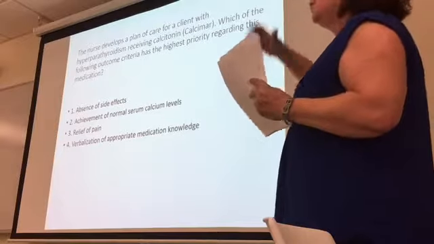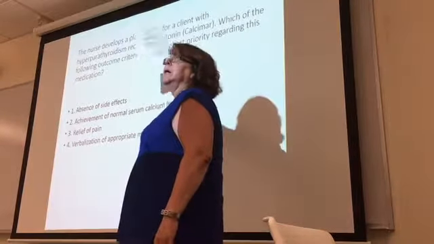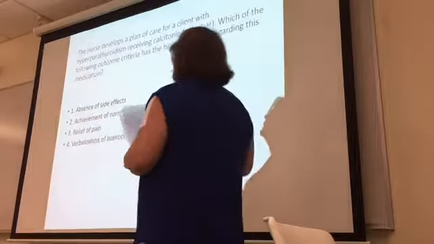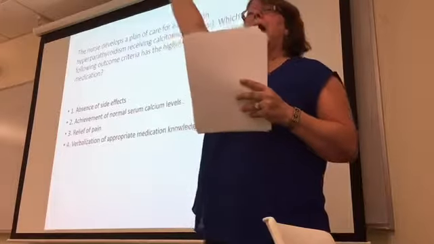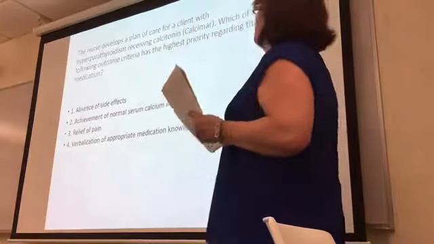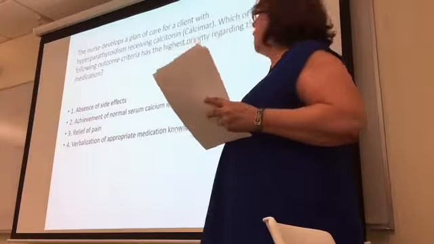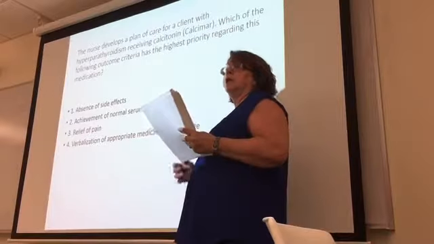High. So why am I giving them calcitonin? What does calcitonin do? Decreases the calcium. So for someone with parathyroidism who has high calcium, I'm going to give meds to decrease it. What is the outcome that I'm looking for? Normal calcium levels.